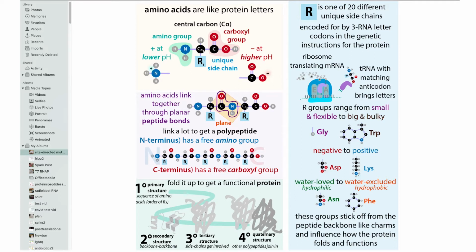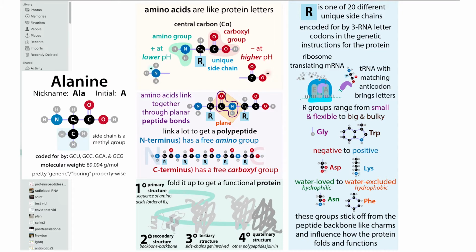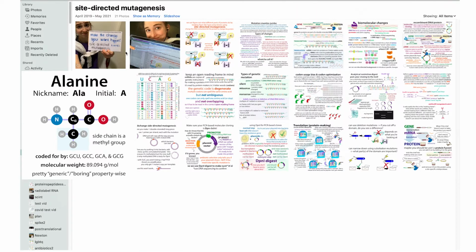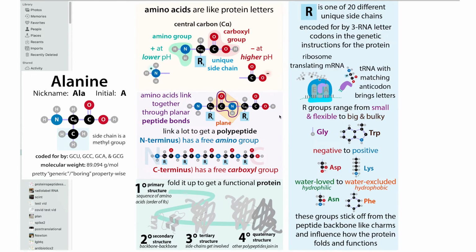I talked before about how alanine was kind of the generic one. Alanine has just a CH3 group here. You might wonder why you don't use glycine. Glycine is the smallest, simplest amino acid.